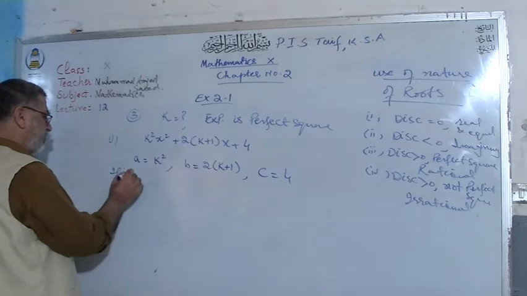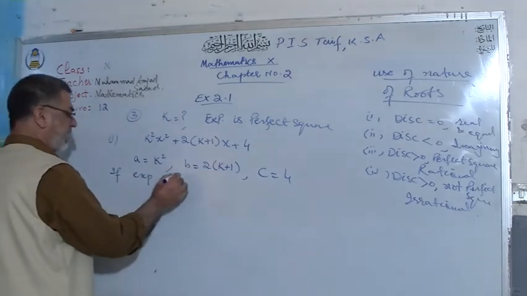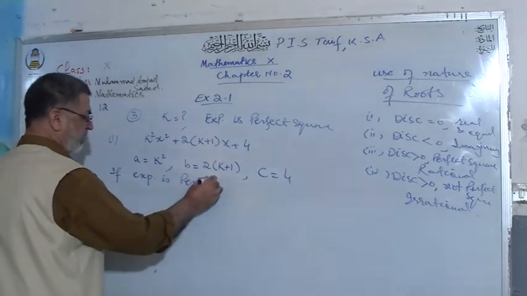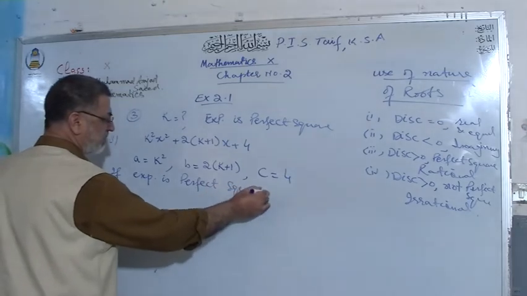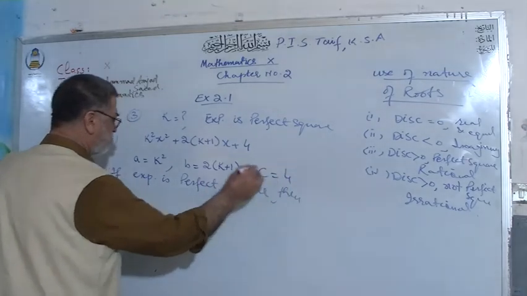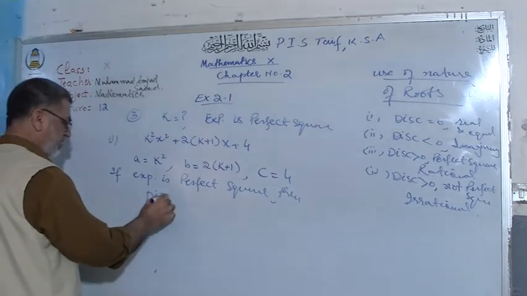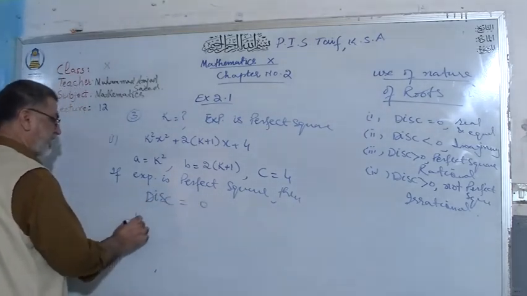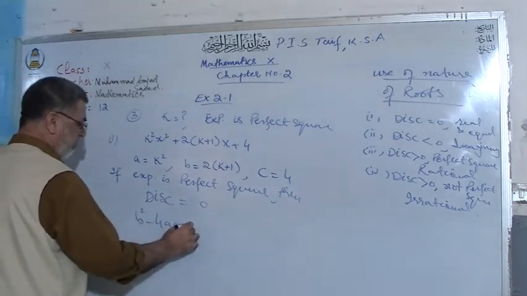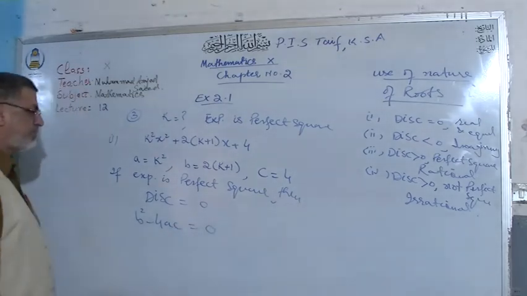If the expression is a perfect square, then the discriminant will be equal to 0, that is b square minus 4ac is equal to 0.